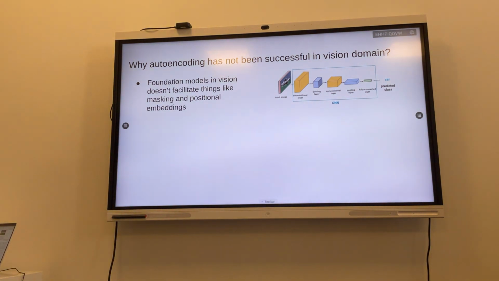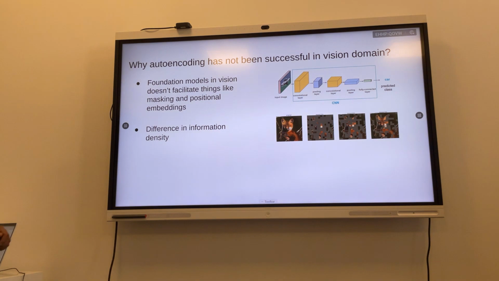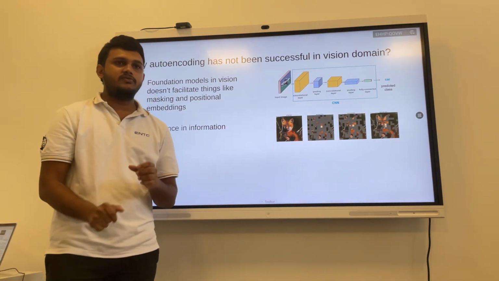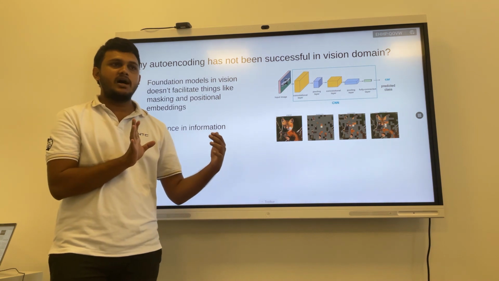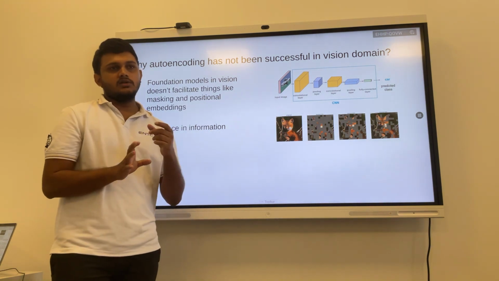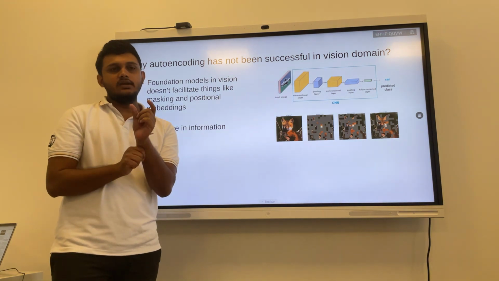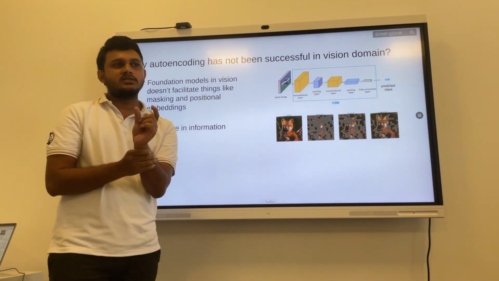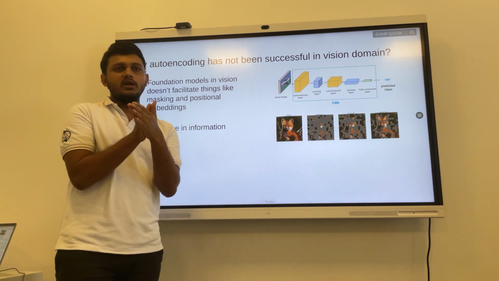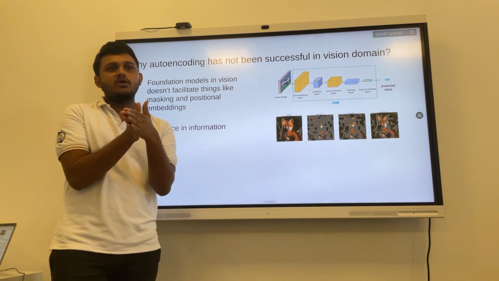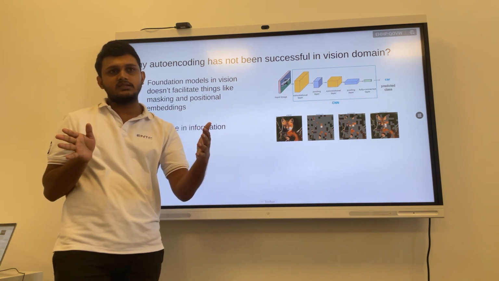And then the difference in information density. When it comes to language, as we saw in BERT, it's only masking 15%, right? Let's think of a situation where we mask out a single word in a sentence, and in order to predict that particular masked token, the model needs a good language understanding and also a good understanding of the context, right?